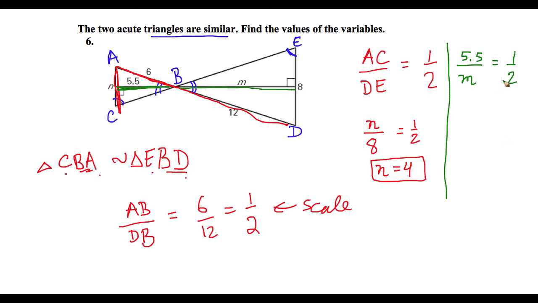Many of you might be familiar with multiplying both sides, or what we call cross-multiplying. Multiply both sides by 2, and then multiply both sides by m, and we get that 11 is equal to m. In other words, m has to be twice the size of the other side length.